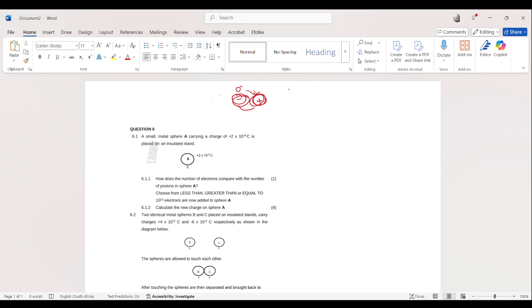Let's say the negatively charged object had a charge of 3 coulombs, then the positively charged object had, say, positive 4 coulombs.